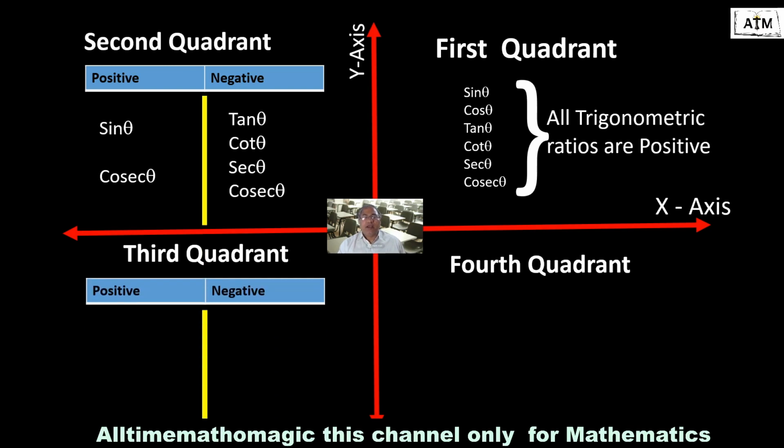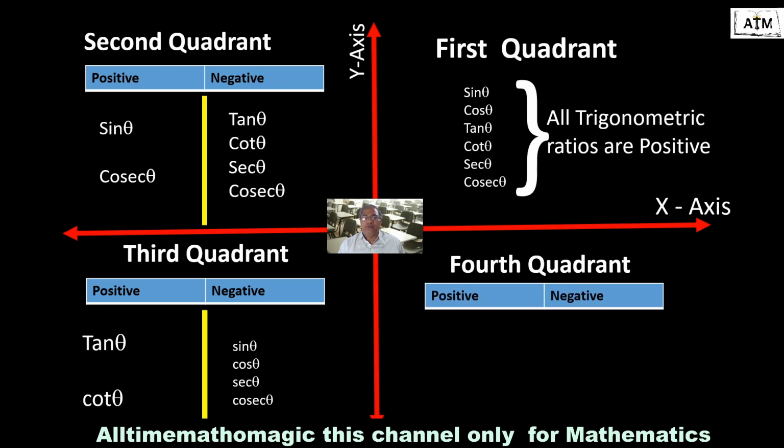In the third quadrant, tan theta and cot theta are only positive, and sin theta, cos theta, sec theta, and cosec theta are negative. And in the fourth quadrant, cos theta and sec theta are positive, and sin theta, cosec theta, tan theta and cot theta are negative. This is based upon that sentence.